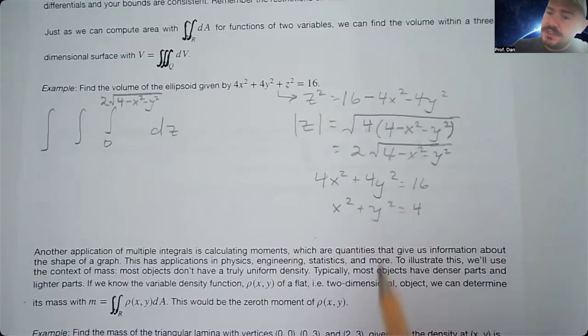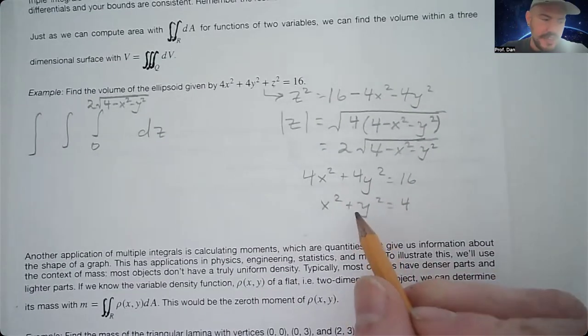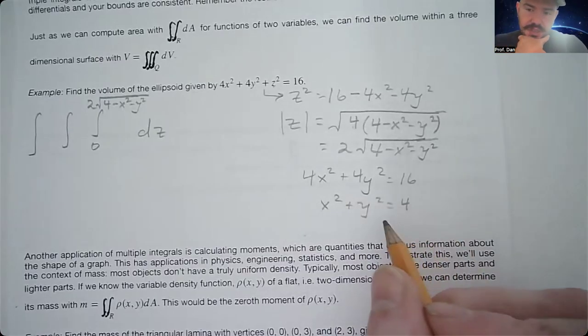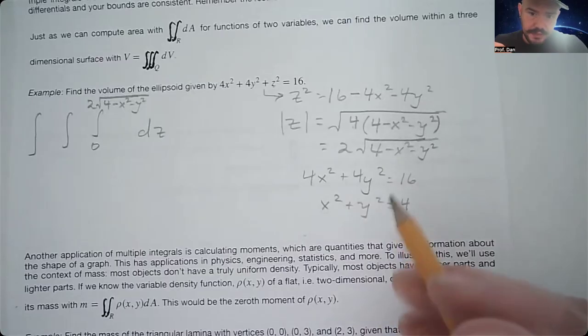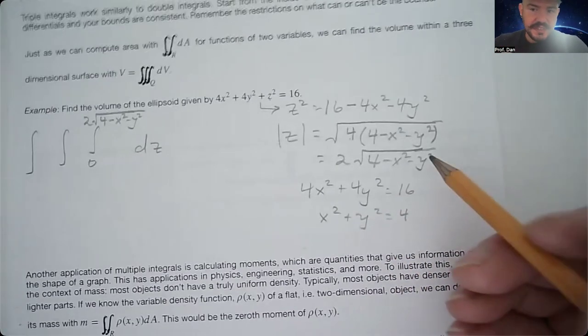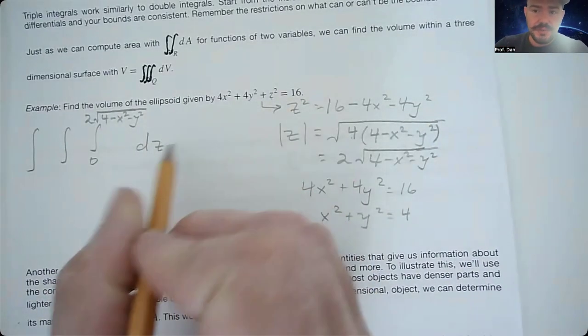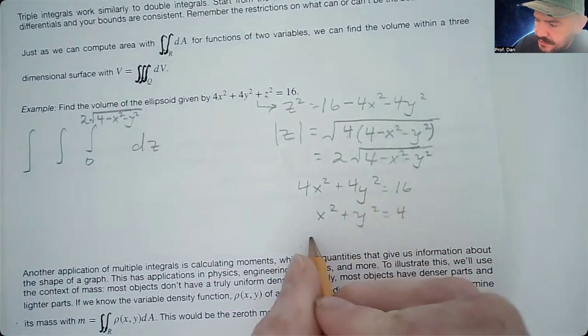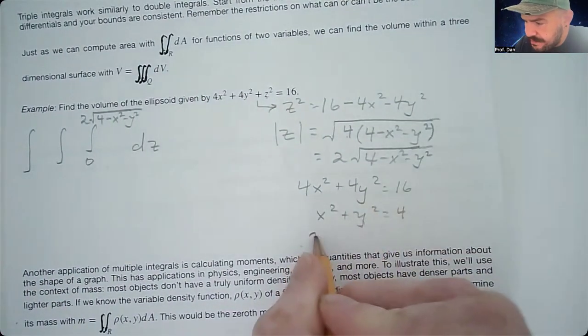And then I have a choice. I can solve for either the x or the y in terms of the other one. The route that I choose is going to dictate whether I do dy dx or dx dy. So in this case, for fun, let's solve for y.